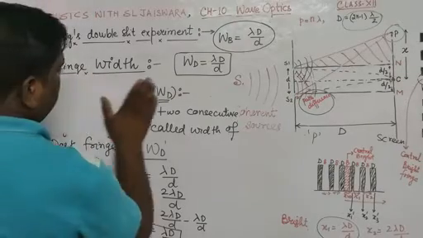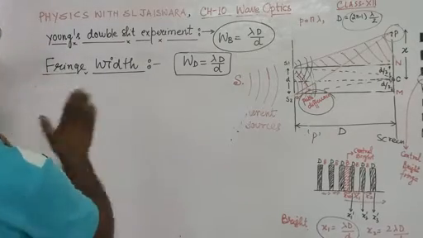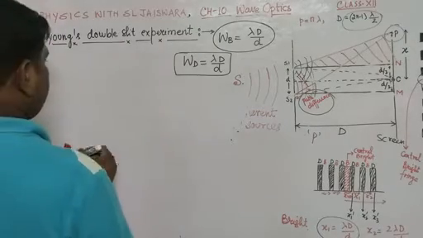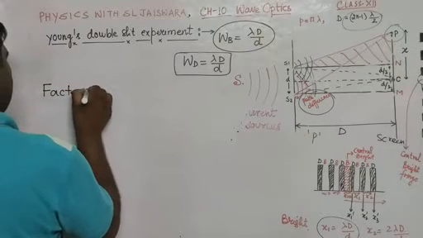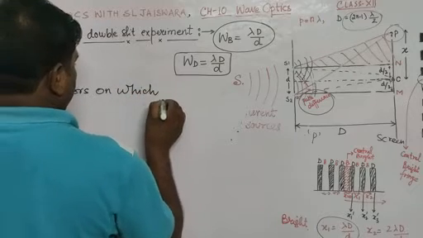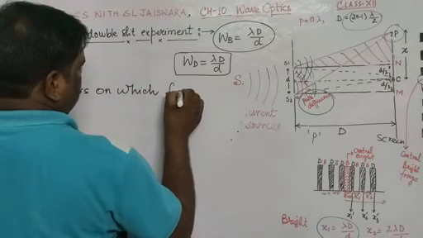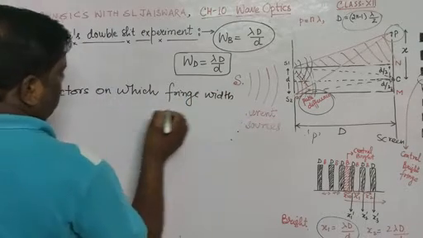Let us see one very small point, the factors on which fringe width depends.